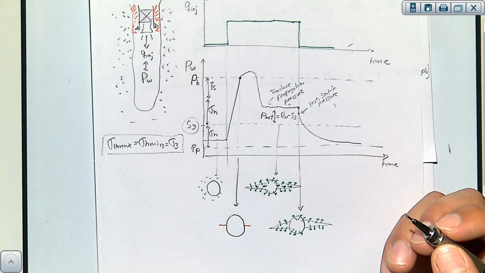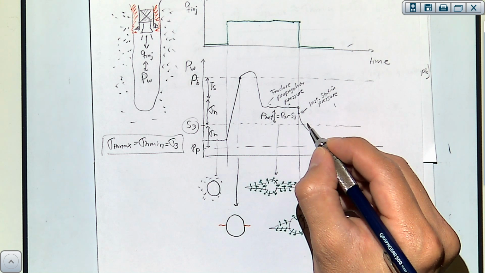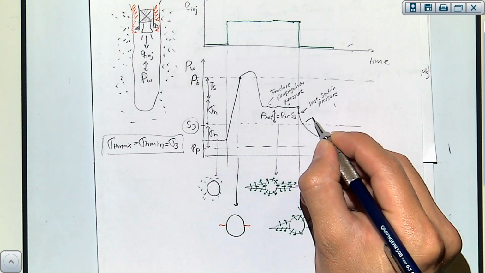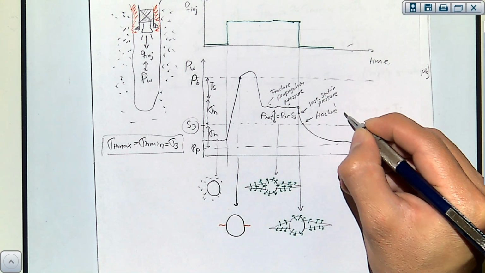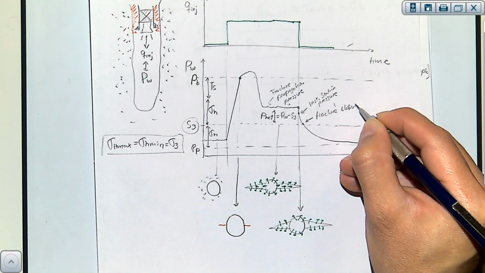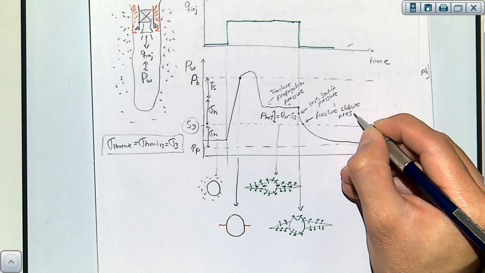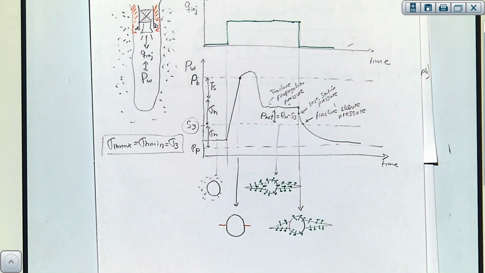There is really a point, as Jack was saying, that the fracture is, and at that point, the net pressure is not going to be positive anymore.